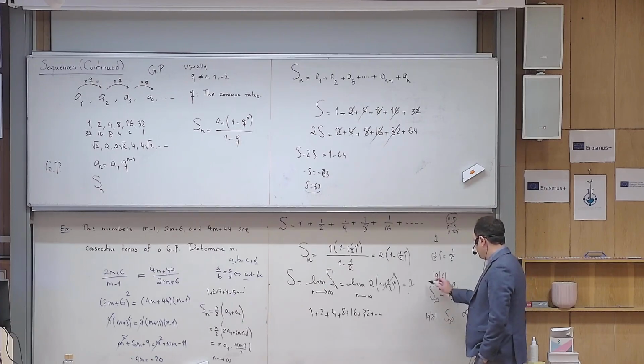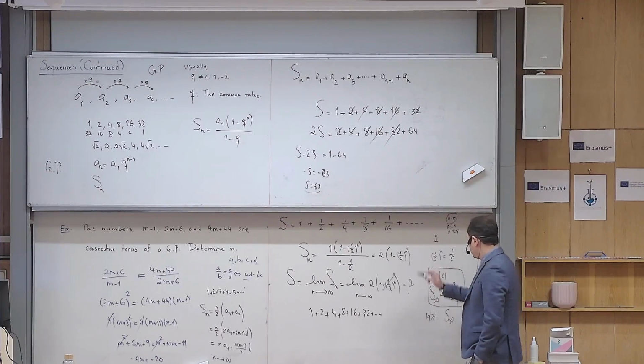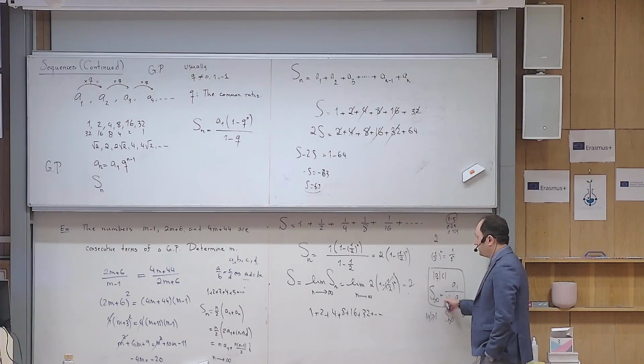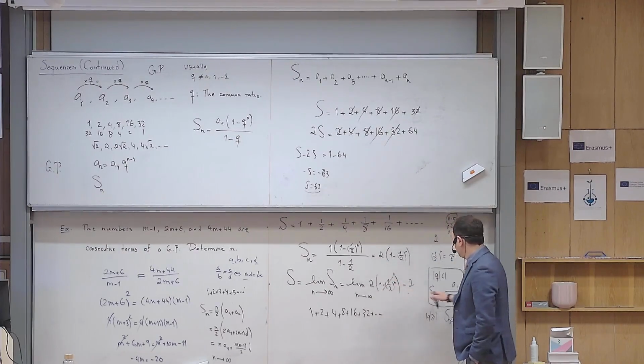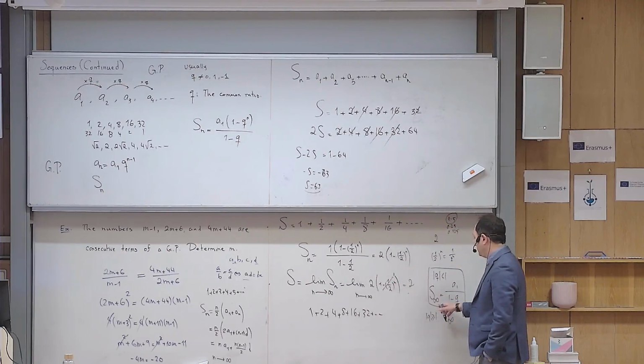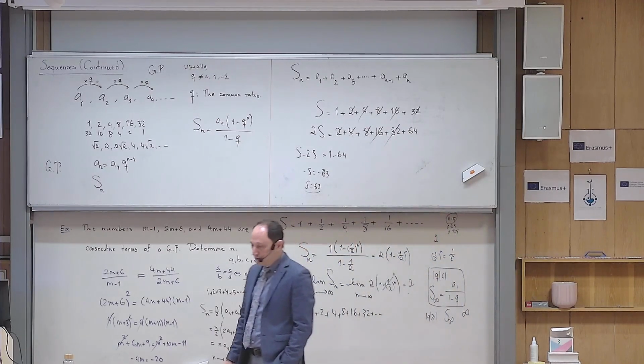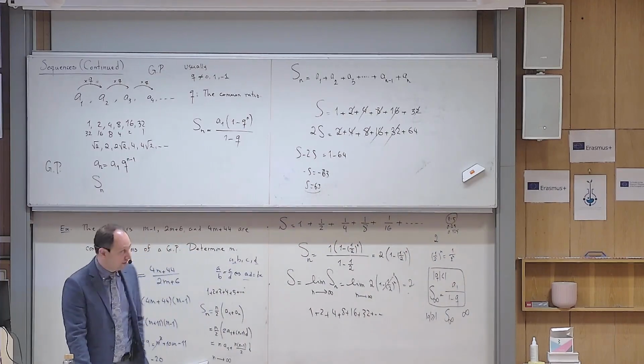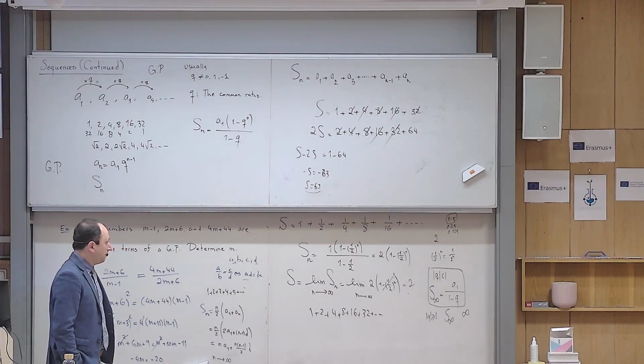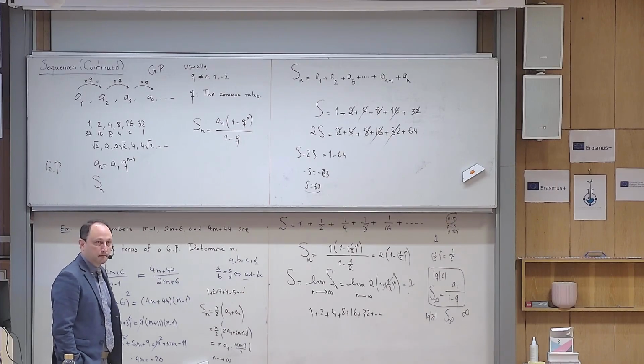This formula is not in the book, but it is good to know. If you face a problem with infinitely many terms, you can understand it yourself: if Q is less than 1, that part becomes 0 when n becomes extremely large. Is that clear?